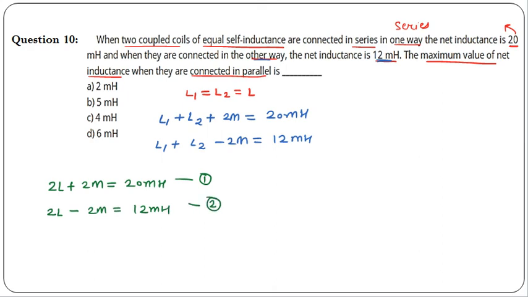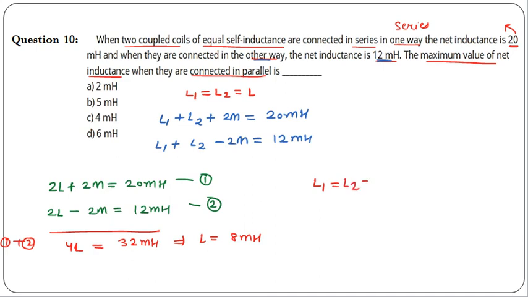Suppose this is equation 2. Now if we add equation 1 and equation 2, the 2M will get cancelled out, so 4L is equal to 32 millihenry. So from here we are getting the value of self inductance as 8 millihenry.